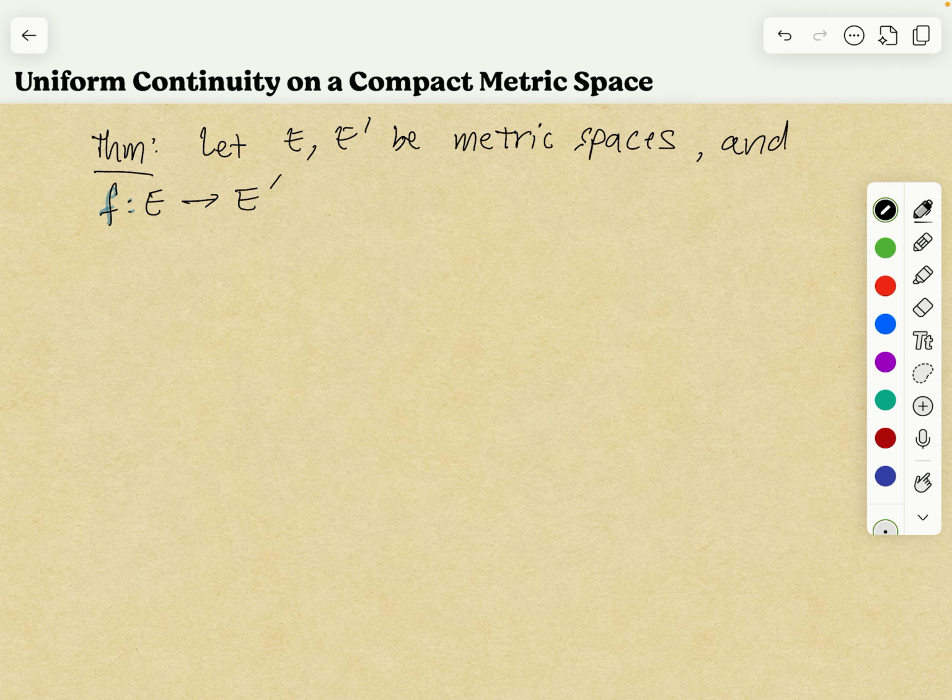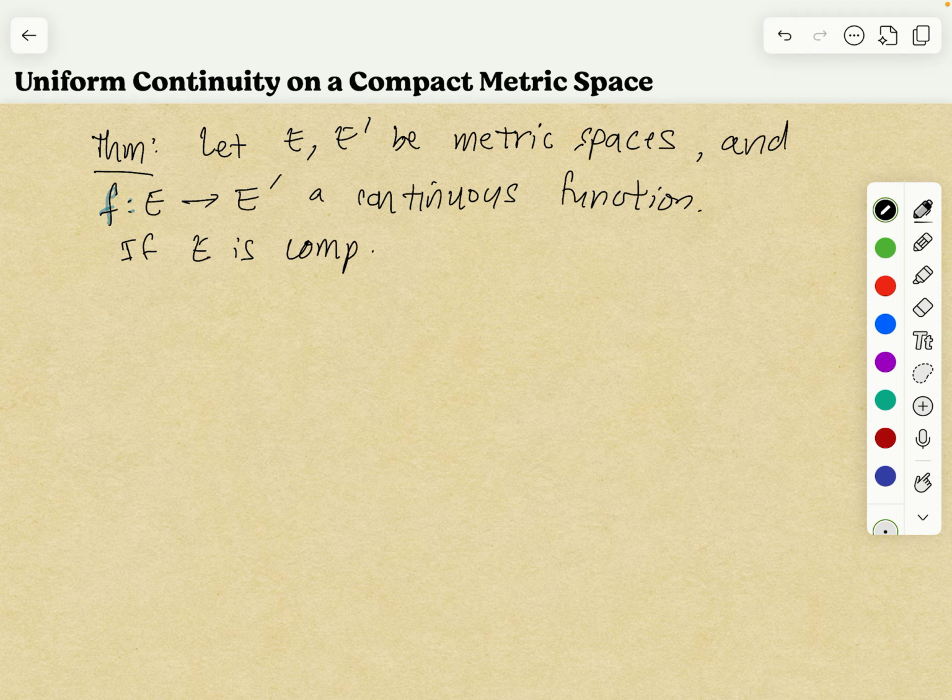So f is a continuous function. If E is compact, then f is uniformly continuous.